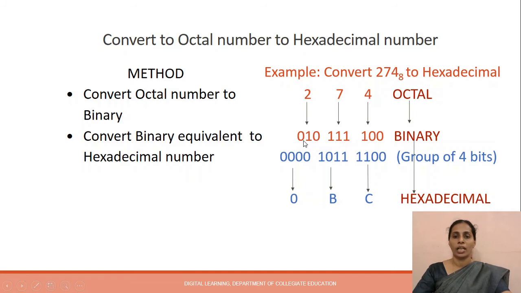And here in the last position it is only 10. So make this as 0010. Now for these 4-bit groups, write the equivalent in hexadecimal. So 1100 in hexadecimal is C, 1011 in hexadecimal is B, and 0010 is equivalent to 2 in hexadecimal. 274 in octal is equivalent to BC in hexadecimal.